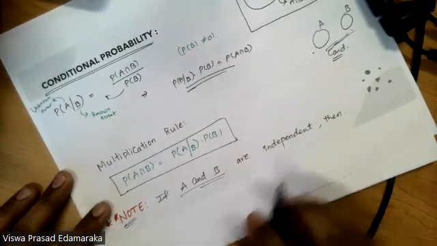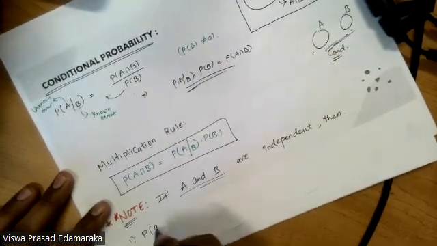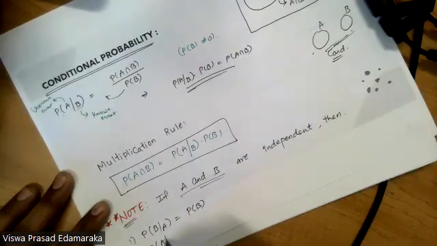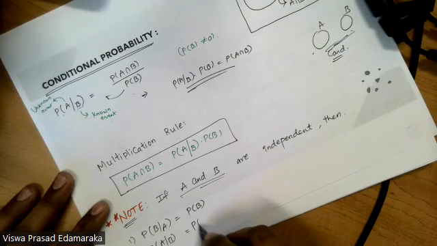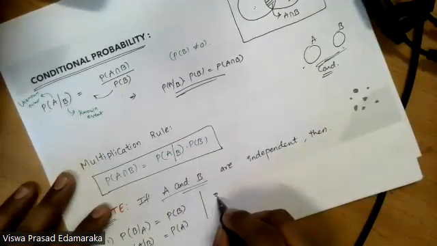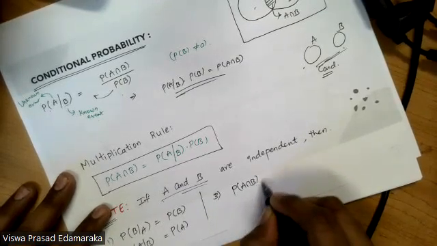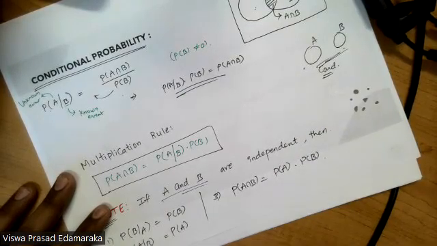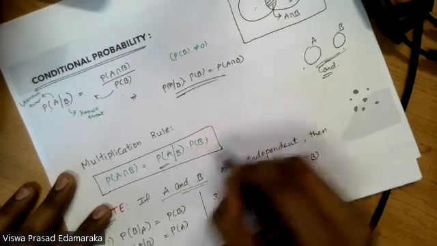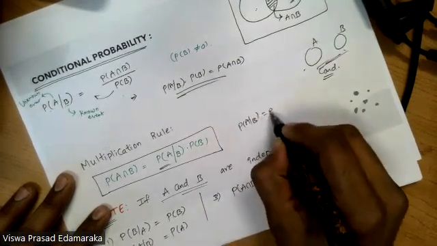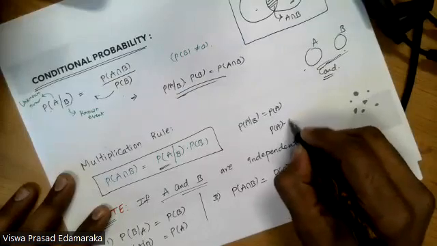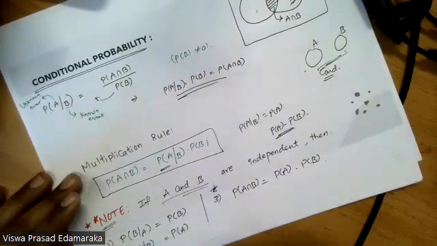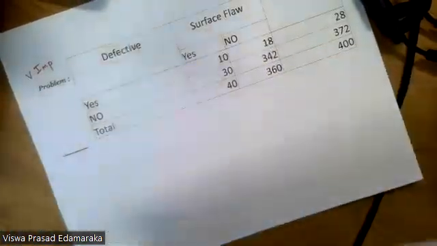Then first condition, P of B given A is equal to P of B. Second condition, P of A given B is equal to P of A. And a very important third condition, P of A intersection B is equal to P of A into P of B. Here, P of A given B becomes P of A, so simply P of A into P of B. This is a very important condition, and you might expect this type of question in the coming examination.